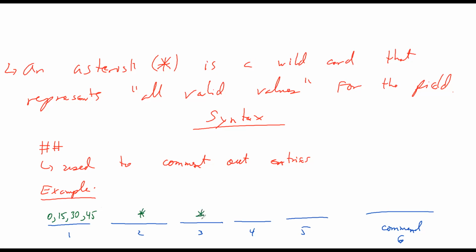Third, asterisk, asterisk, asterisk. And then echo, which just means print. So you say something like echo hello. That's your hello world of cron. You can even say hello world there.